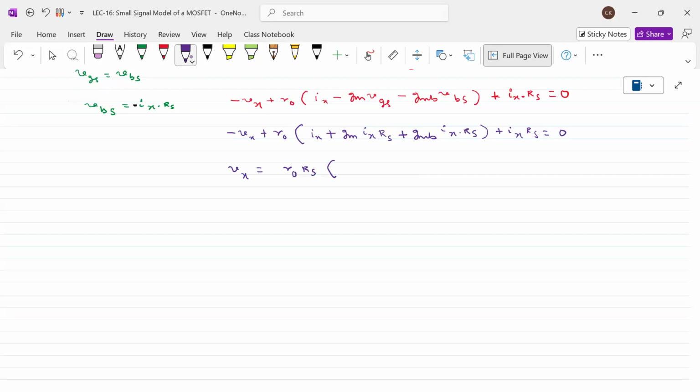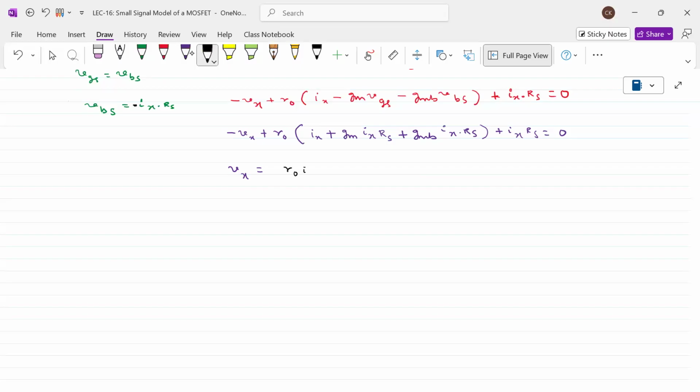Let me take Ix also, we'll get a common. And this becomes 1 plus... no, this is not the way. Let me keep it inside.